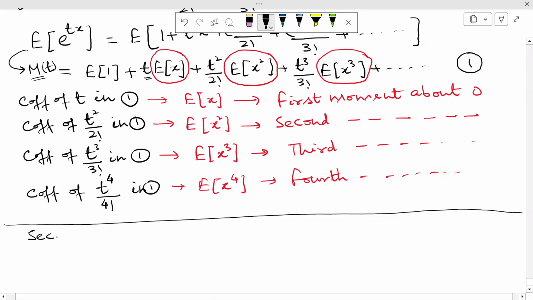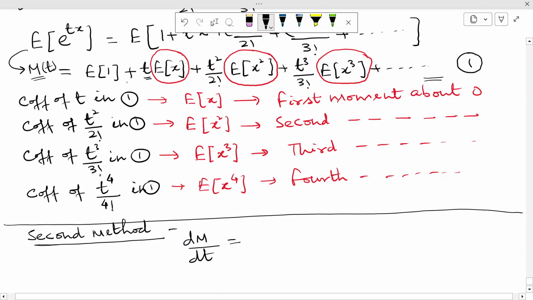The second method by which we can obtain moments from this moment generating function is to start differentiating it, again this expression which is written here as expression number 1.